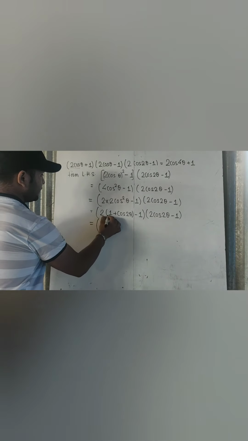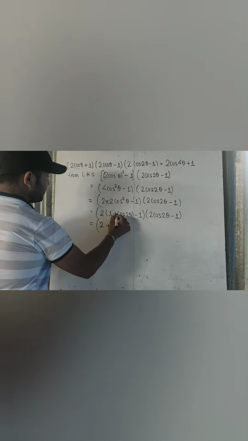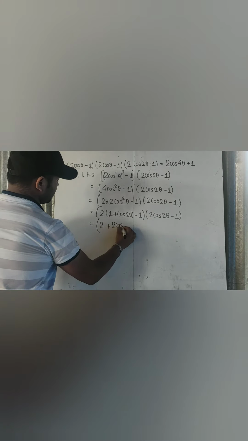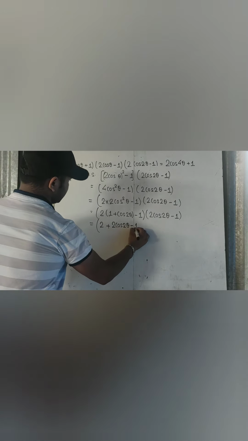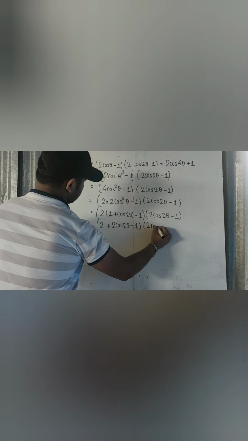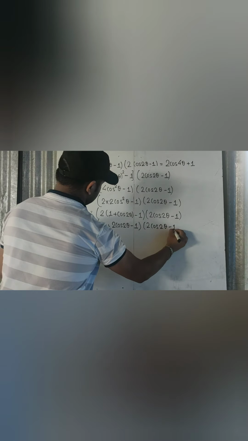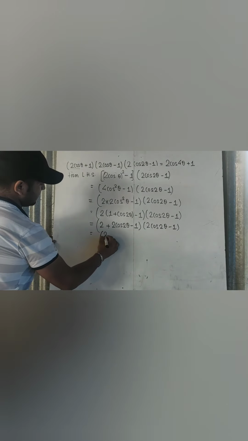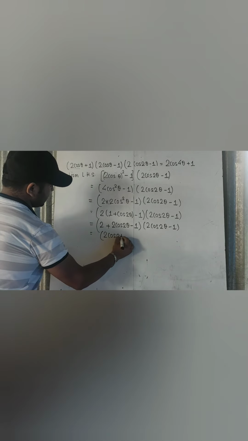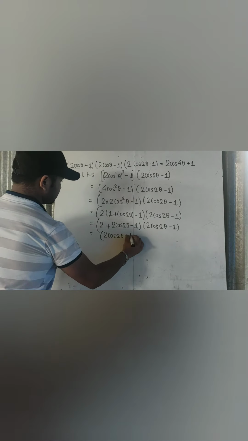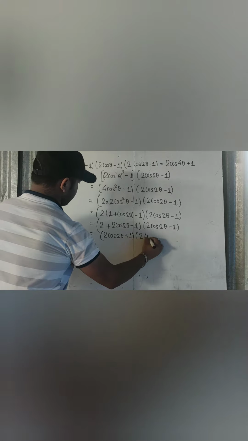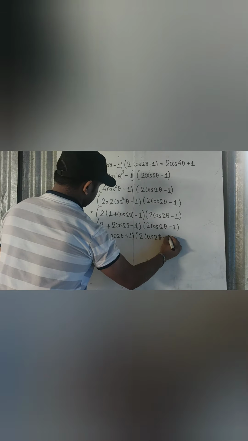Now we multiply it: 2 into 1 is 2, 2 into cos 2 theta is 2 cos 2 theta, minus 1, 2 cos 2 theta minus 1. On further solving, we get 2 cos 2 theta, 2 minus 1 is plus 1. Here you have 2 cos 2 theta minus 1.